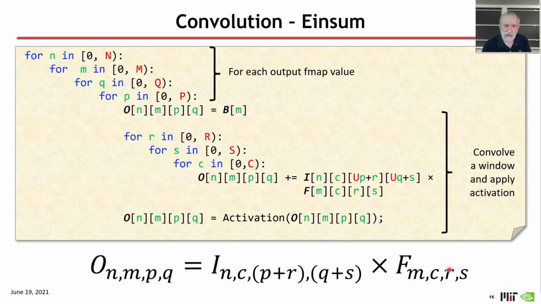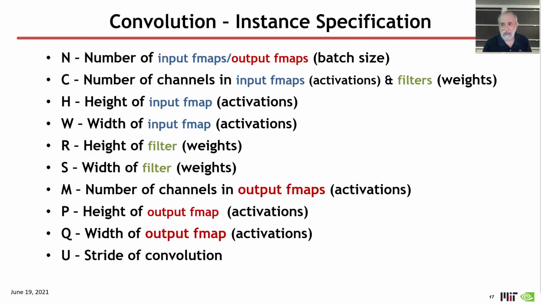So again, we have a way of abstractly representing the computation that we want to do for doing a deep learning style convolution. That's the generic operation. What we again need is a specification of the instance, and in that case we have this big secret decoder ring for all of the parameters for which we need constant values in order to be able to specify the input.